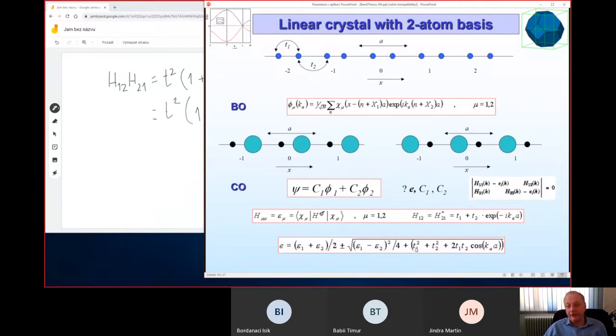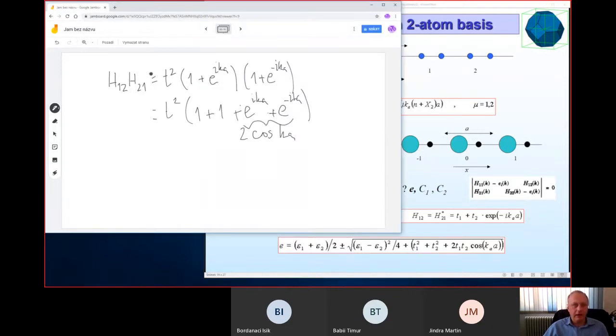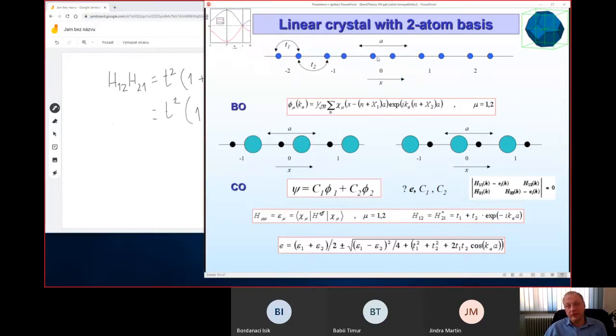Here we consider different values of T1 and T2, a more general case, while here I consider the same parameter T. So this was just to show you that we obtain a real number, but indeed in this particular case we would need to consider two different transfer integrals.